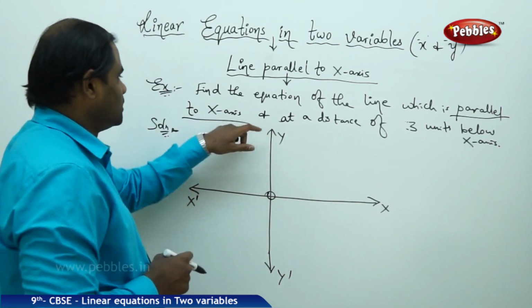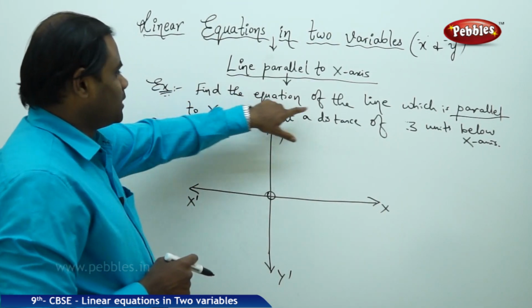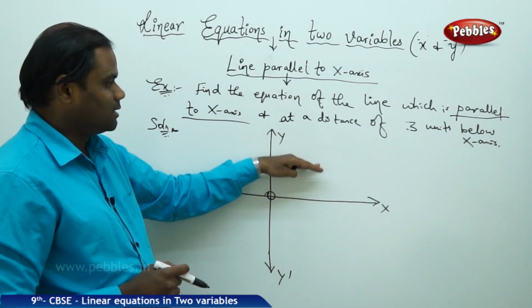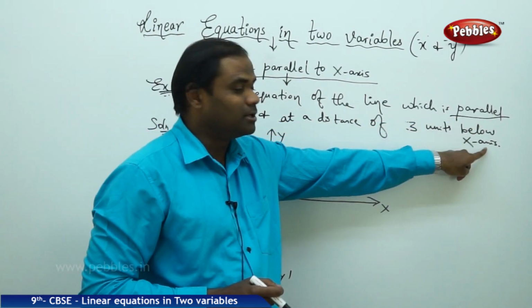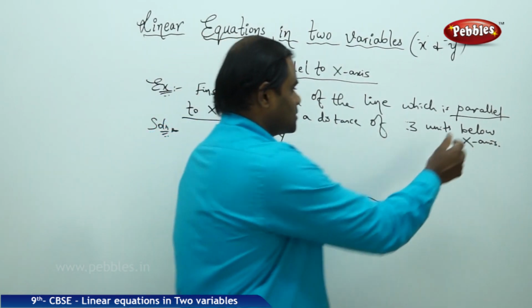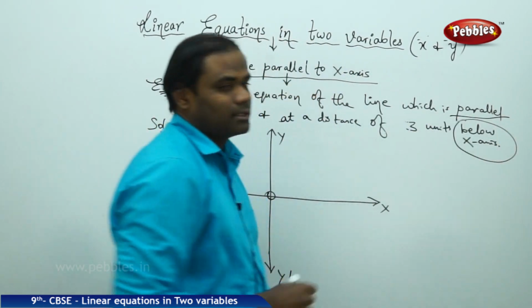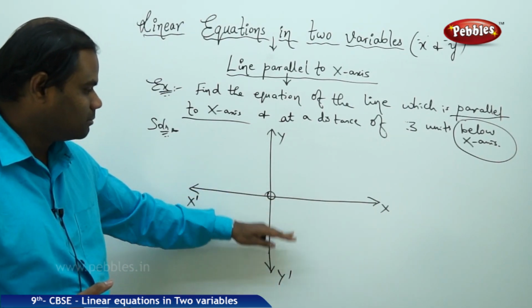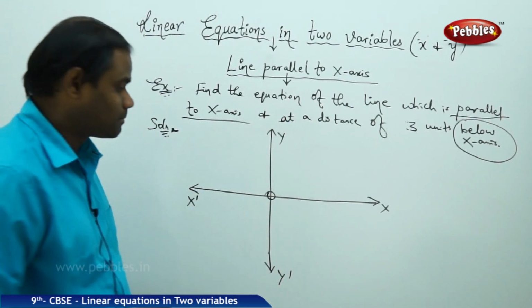So let's see. The line which we need to find is parallel to x-axis and at a distance of 3 units below x-axis. Since the line is 3 units below x-axis, I obviously take the line below the x-axis.